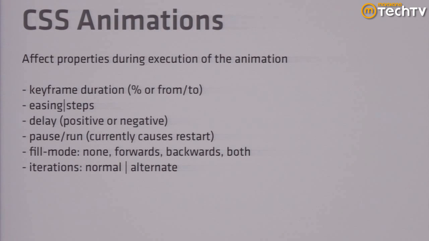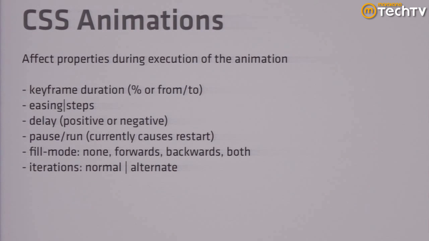There's fill mode, which needs a little bit of explanation. You can set the fill mode for forwards, backwards, or both. Forwards basically persists the end keyframe at the end of the animation. Otherwise, compliant browsers are supposed to move the object back into its original underlying property set.